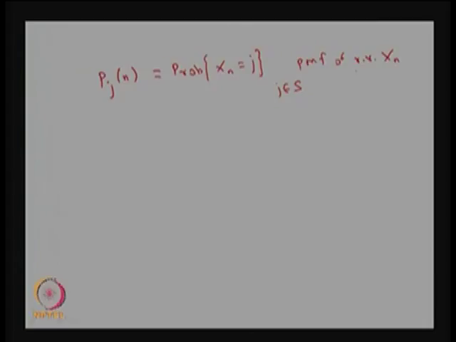This is the probability mass function of the random variable Xn. Similarly, I am going to define the conditional probability mass function as p suffix jk of (m, n). That is nothing but the probability that Xn takes a value k given that Xm was j.